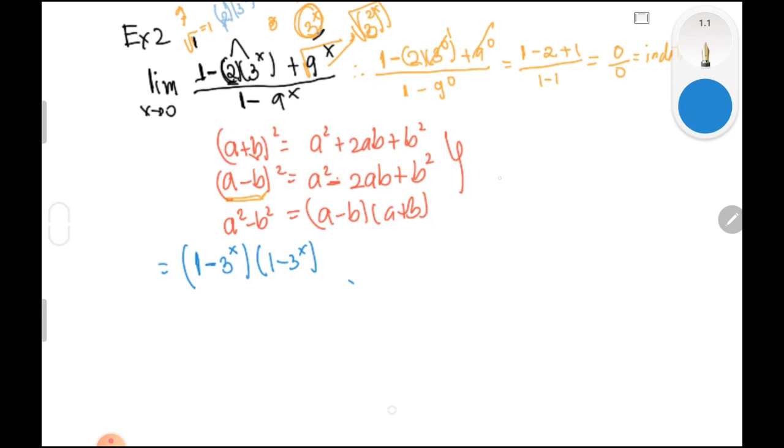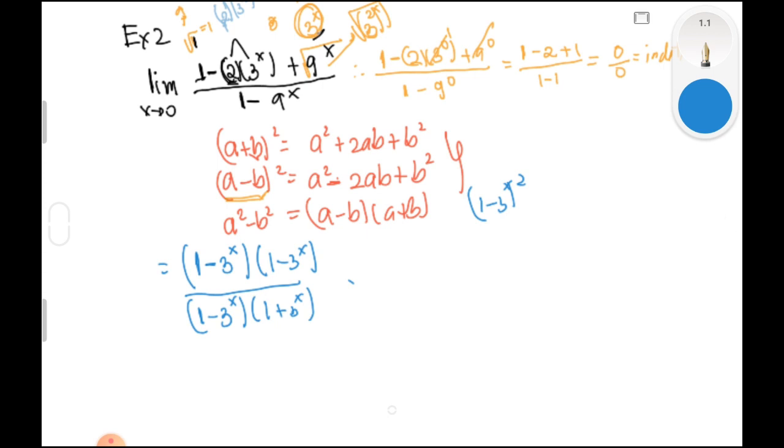Kasi mapupunta lang tayo sa 1 minus 3x squared. Okay? So 1 minus 3 raised to x squared, which can be rewritten into this one. Right? And next is our special product. So we have 1 minus 3 raised to x multiplied by 1 plus 3 raised to x. Okay? So saan galing yan? Probably special product rule. Yung a natin will be 1 and our b will be 3 raised to x.